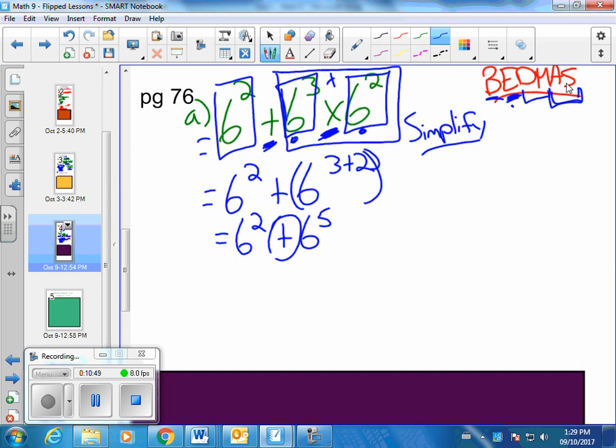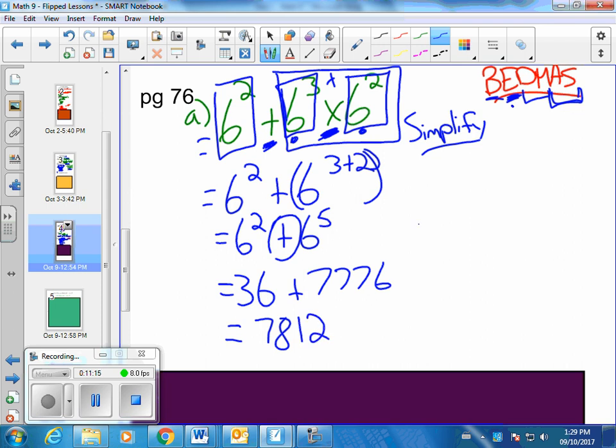Equals 36 plus 7,776. Now we have to add these together. This equals 7,812.